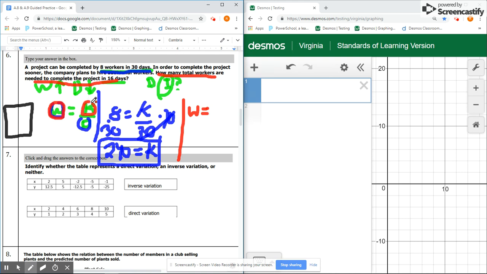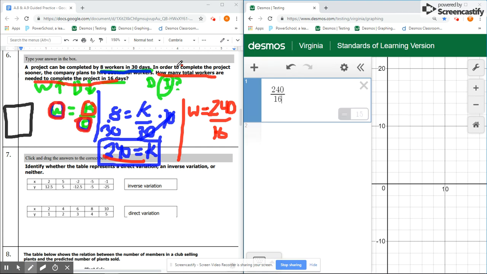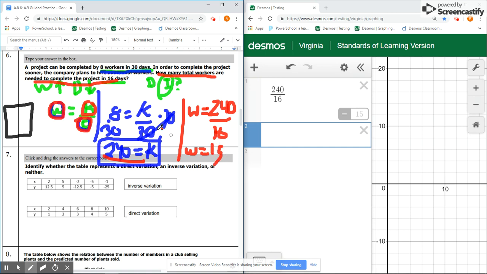The K we know is 240, divided by the number of days, which they said is 16. All right, and when we divide 240 by 16, we should get our answer, 15. So there should be 15 workers if we want the job completed in 16 days.